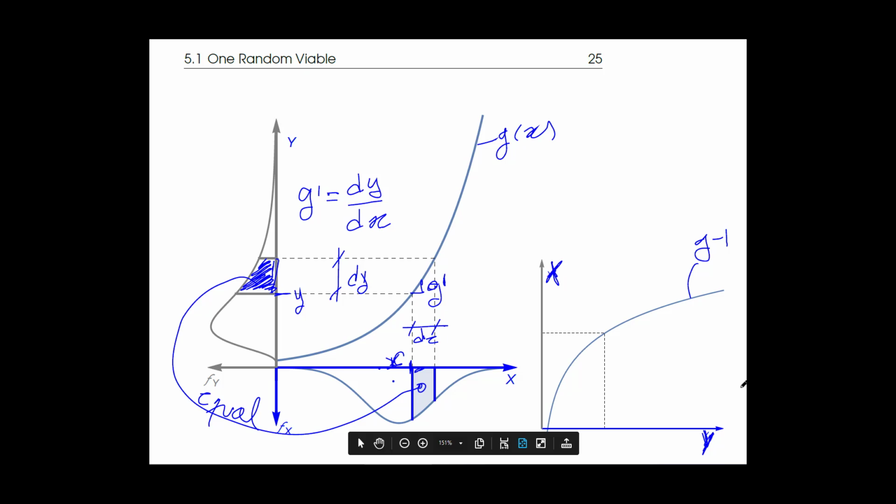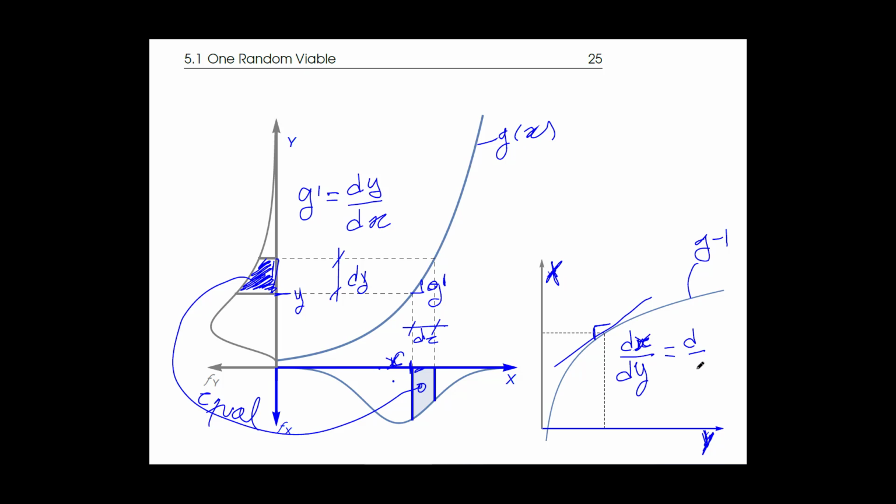All right? Okay, so in this figure, if I draw a tangent and then the slope, you would see that by the same definition there, that now dx dy is going to be the derivative of this function. So the derivative of g minus 1, and let me write it down like this, d/dy of g minus 1.